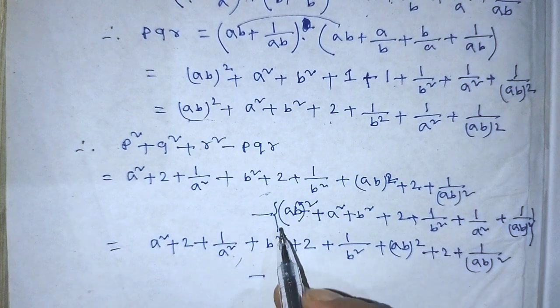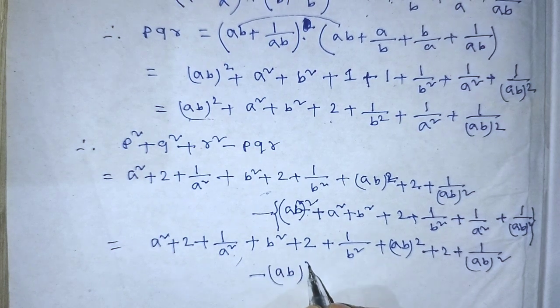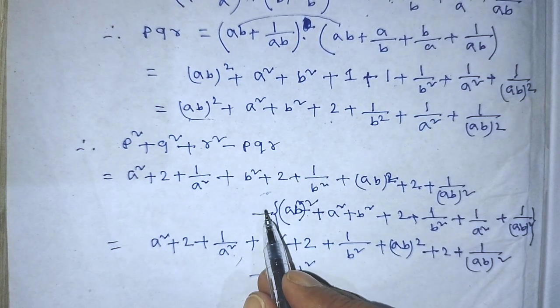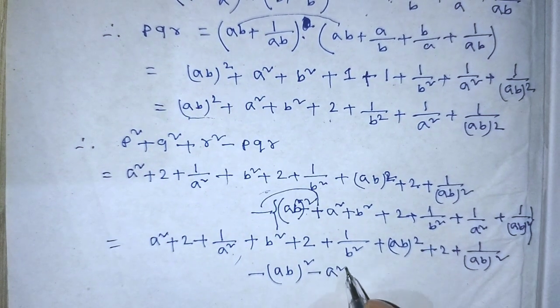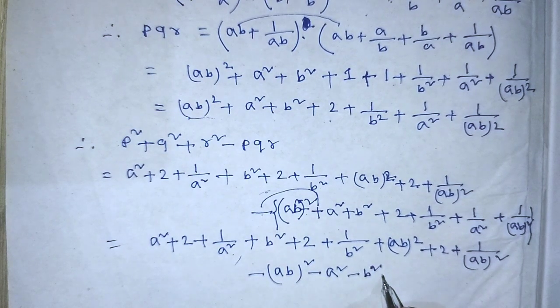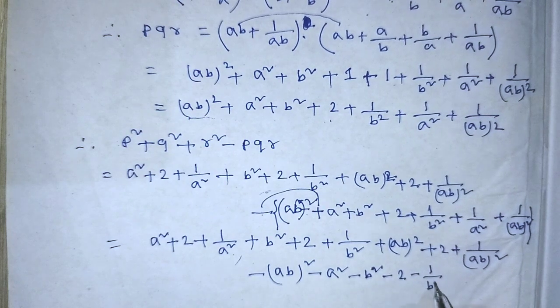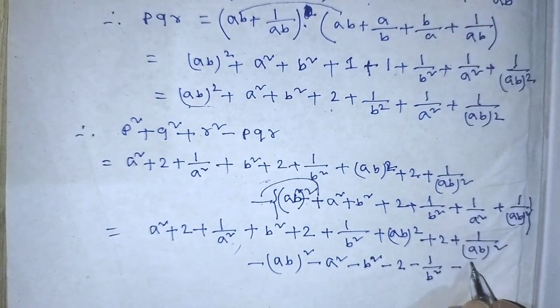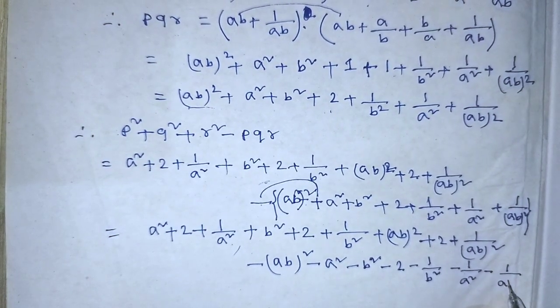Minus, to remove this second bracket, we have to write (ab) whole square. So here is minus sign, minus plus minus, so you have to write minus sign, a square. If you multiply minus with plus, then you get minus b square. So here similarly, you can write minus 2 minus 1 over b square minus 1 over a square minus 1 over (ab) whole square.